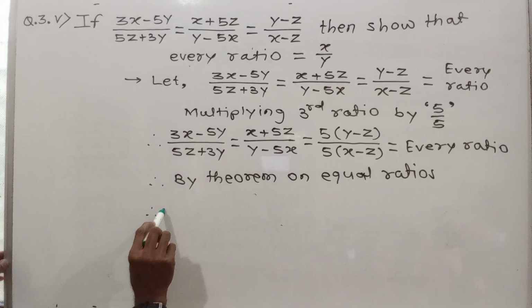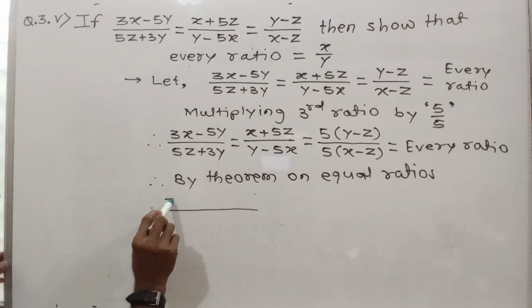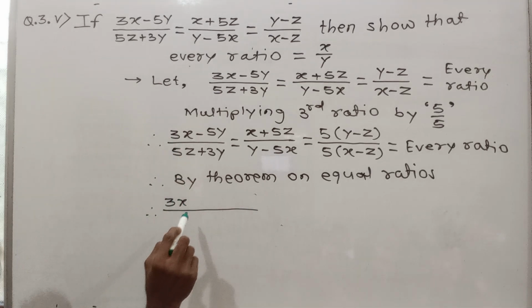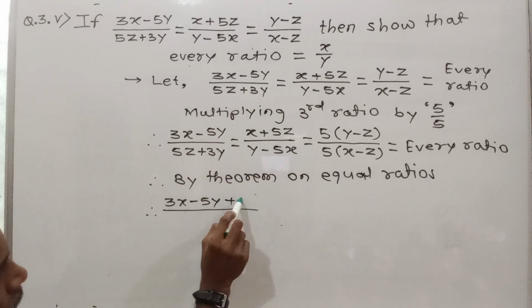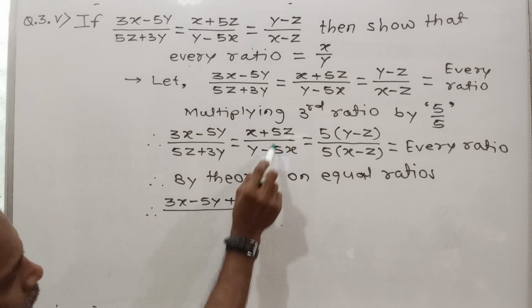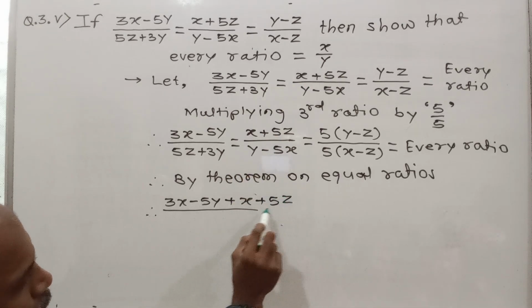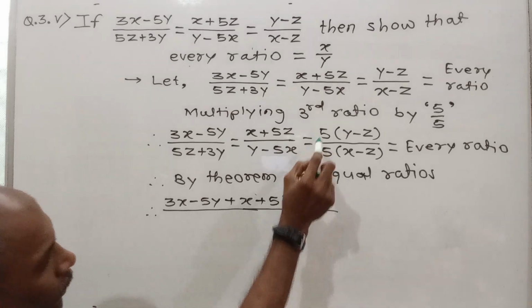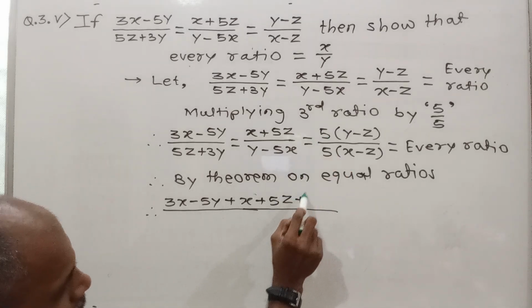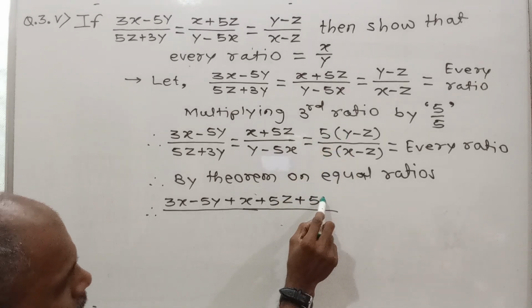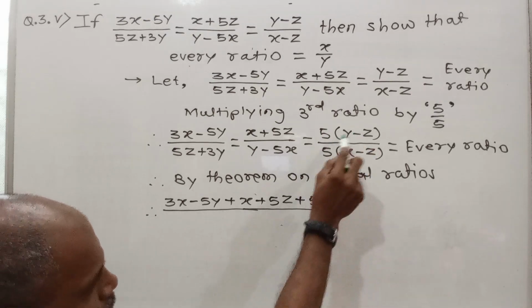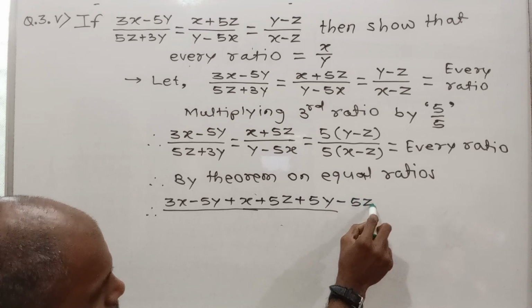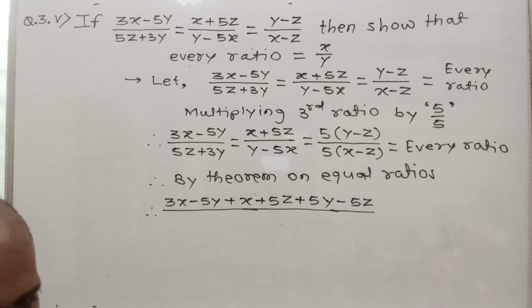Now, numerator: 3x minus 5y plus x plus 5z, see here, plus 5 into y, 5y, plus into minus 5 into z, 5z, this minus and 5z.